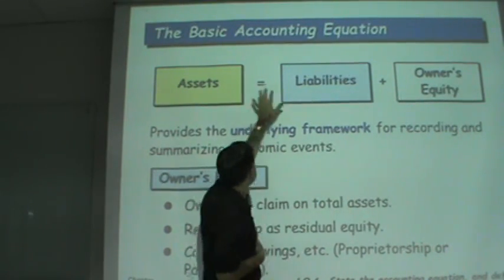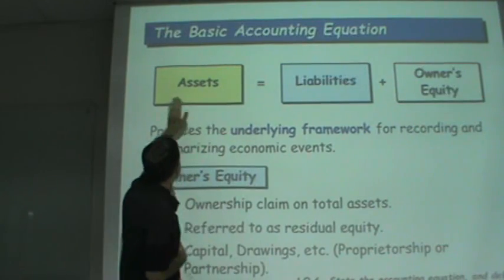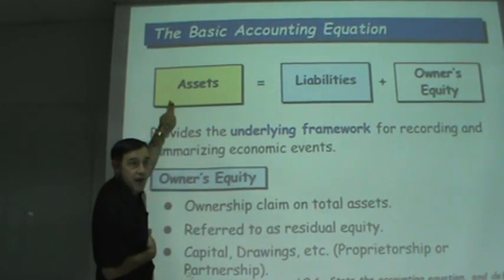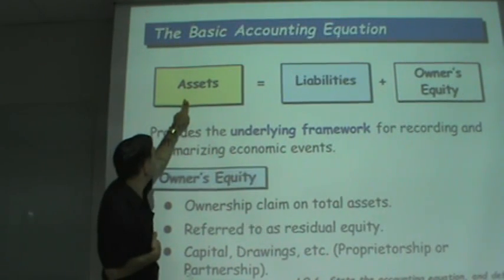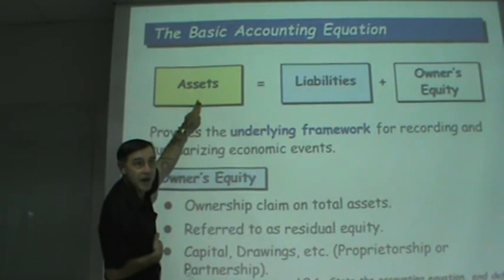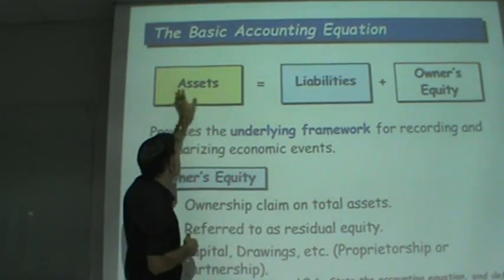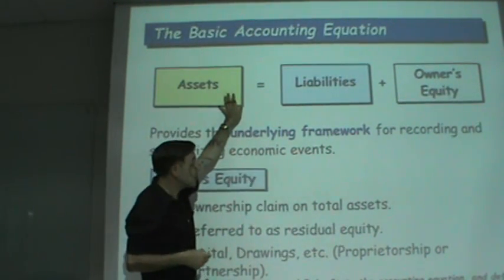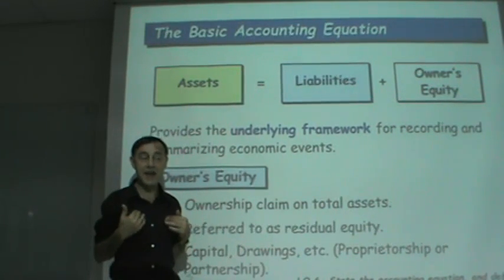So, you have all the assets. Let's say all the assets is 1 million. You pay workers, you pay the electric company, you pay the government, you pay somebody else, you pay suppliers, and whatever is left out of assets is called a residual equity or residual claim.